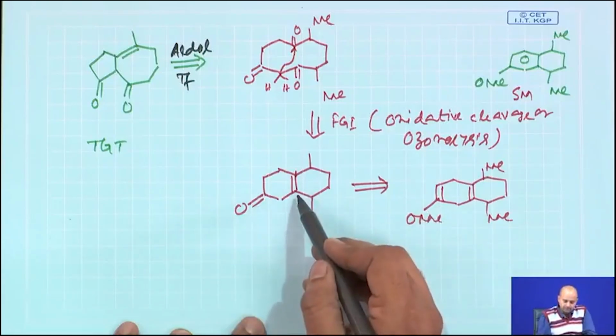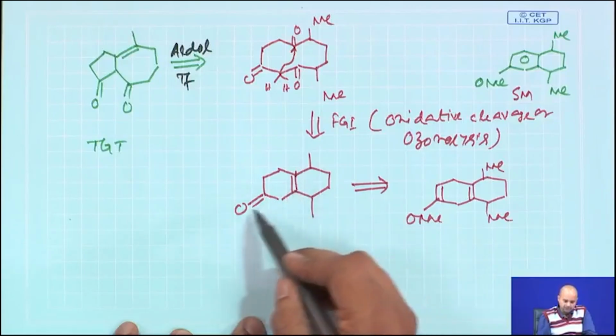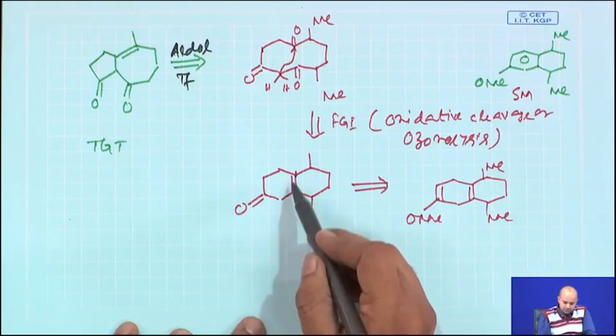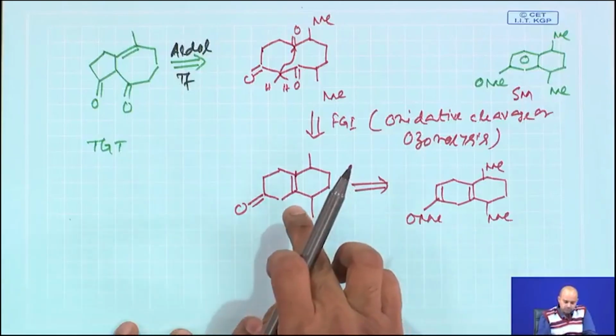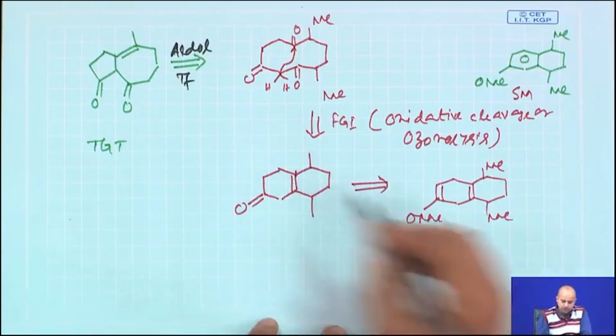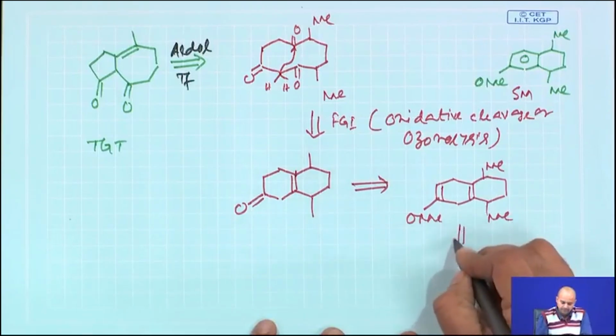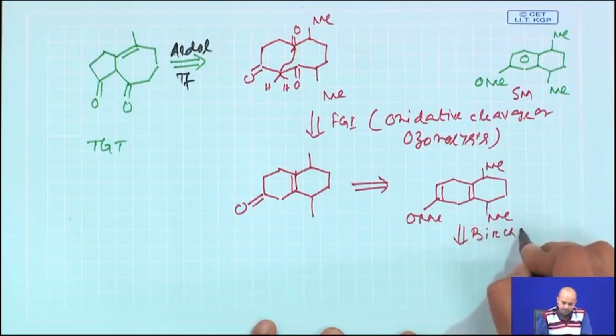Now, this ketone has a tremendous tendency to isomerize, because the rearranged one is an alpha,beta-unsaturated ketone, but you need not take longer; you immediately subject it to ozonolysis. Here, you will be doing a Birch reduction of the parent compound.